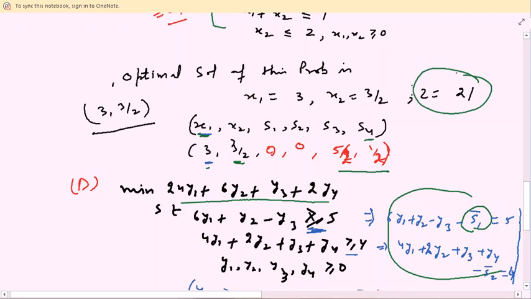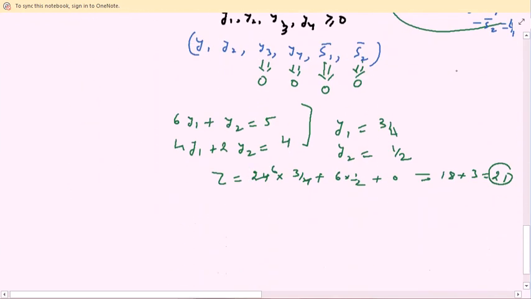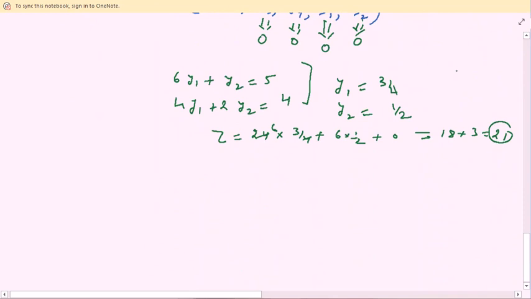And we know by the strong duality theorem that feasible solutions of the primal and dual problems giving the same objective function value are actually the optimal solutions. So the optimal solution of my dual problem is 3 by 4, 1 by 2, 0, 0, with z value 21.